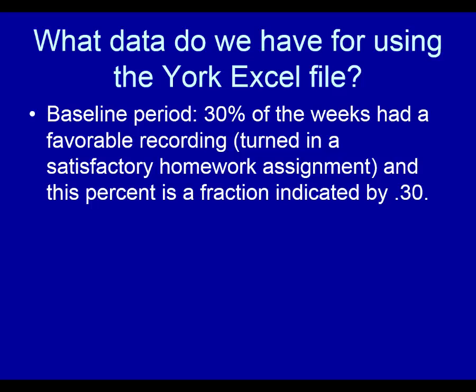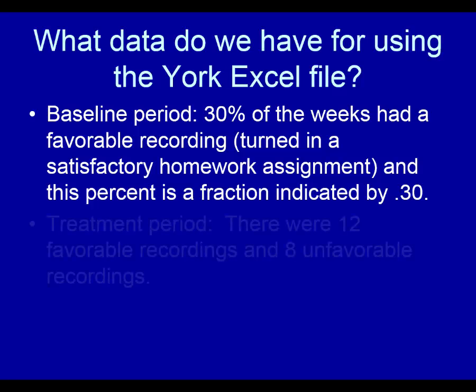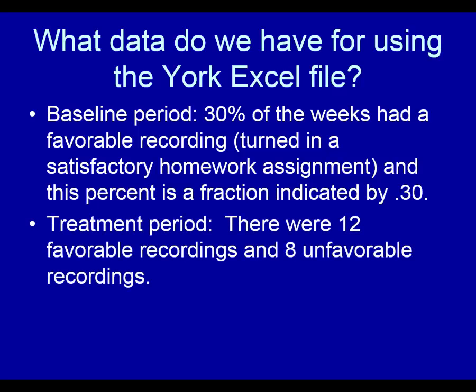So as we look at what data we have for using the Excel file, in the baseline period, 30% of the weeks had a favorable recording, and this percent is the fraction indicated by 0.3. So that's one piece of information that you will need to put into the Excel file. In the treatment period, there were 12 favorable recordings and 8 unfavorable, for a total of 20 recordings.